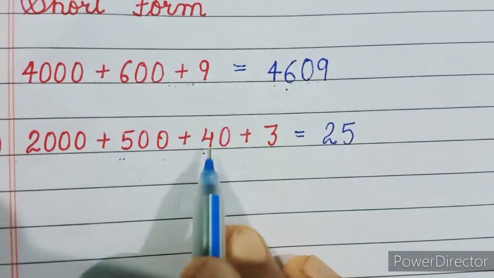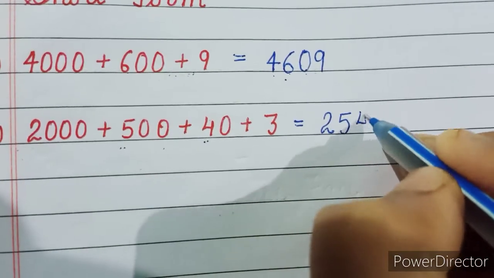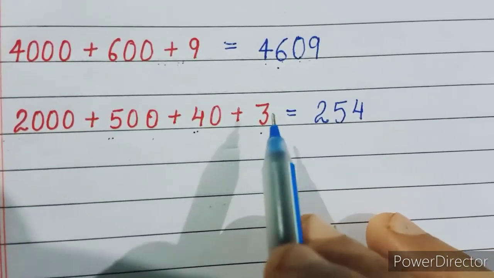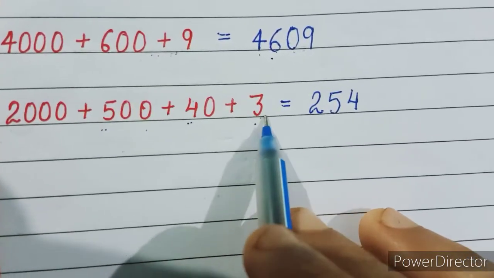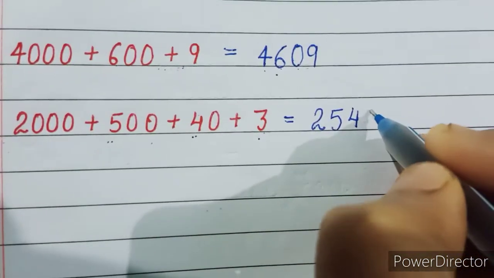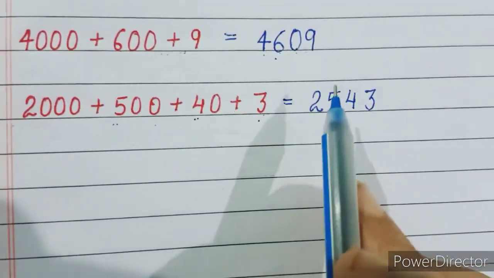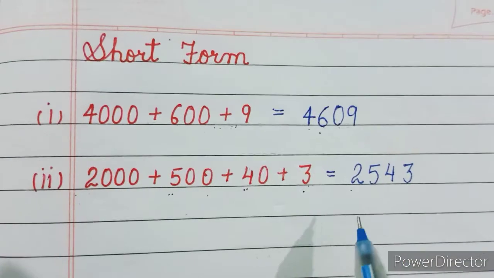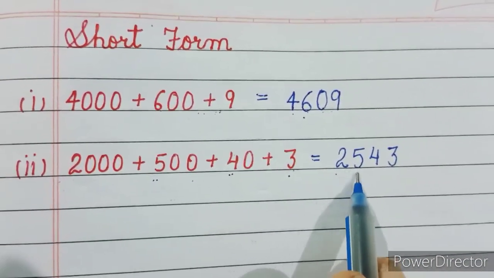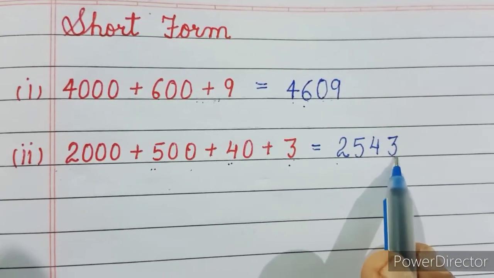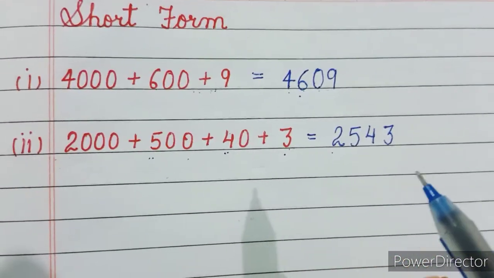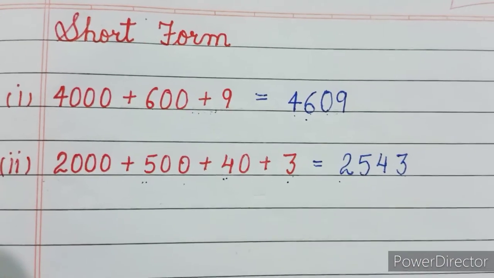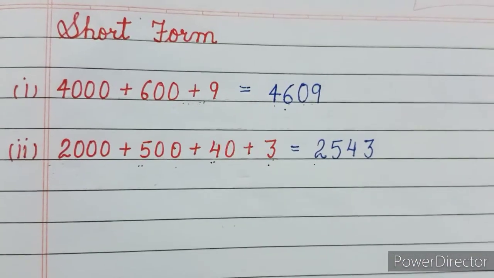We take 4 of 40. And we have 3, so we write here 3. So this is done in short form: 2543. Hopefully you have understood the expanded form and short form. Okay, children? Thank you.